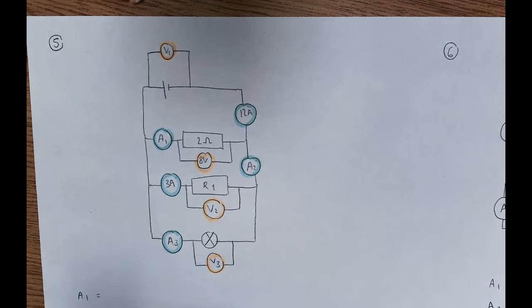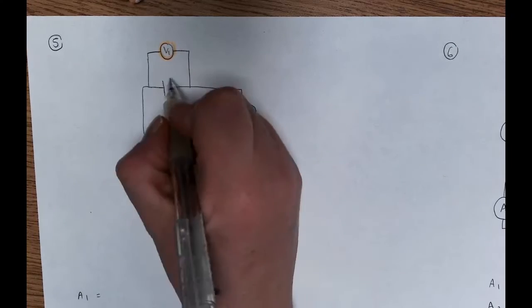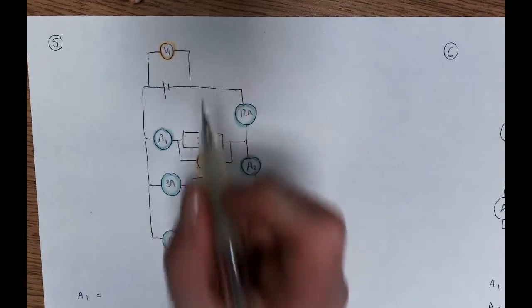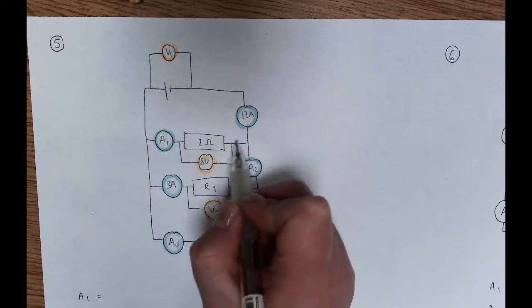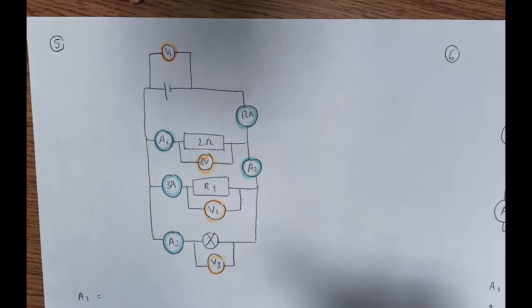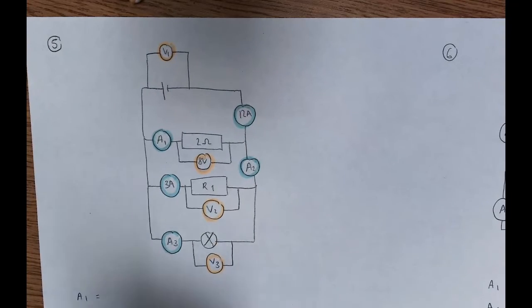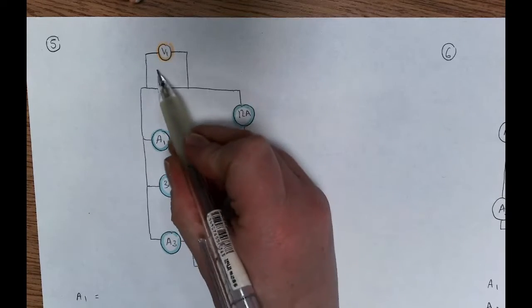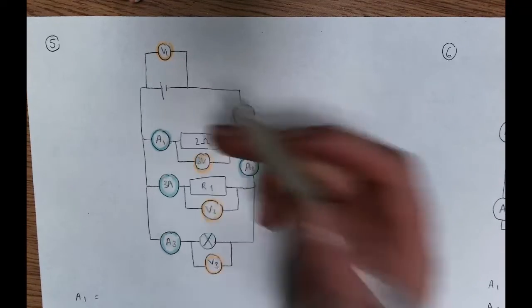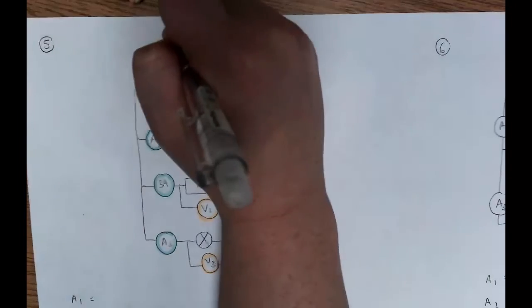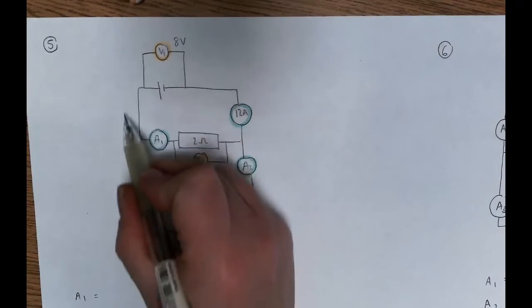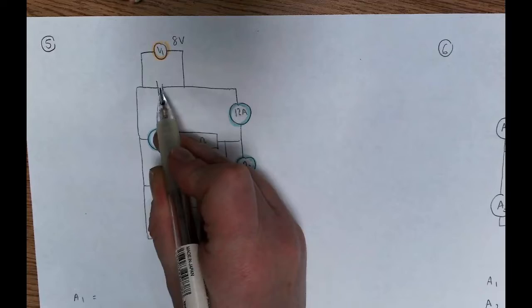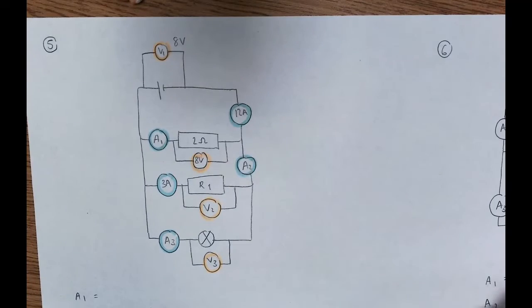Now, we know that whatever is picked up across the power supply has to be transferred on the loop that the electron is on. And so we can see that because this voltmeter reads 8 volts, it means that we must have picked up 8 volts from the supply. Because you gain 8 volts and then you drop 8 volts and then you're back to the other side of your power supply.